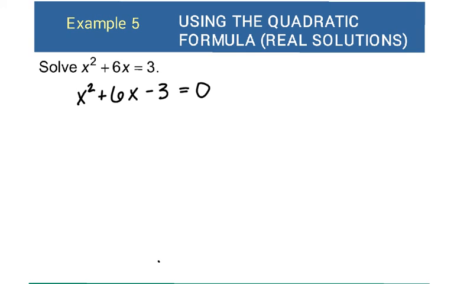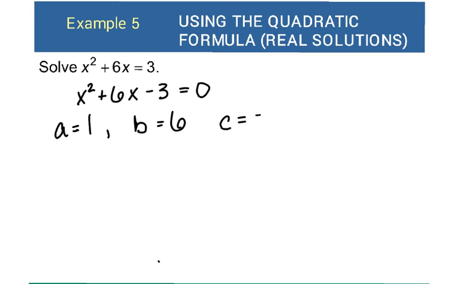What is our A, B, and C? That's our next question. So our A is our coefficient on our x squared, which is understood to be 1. B is our coefficient on our x term. It's 6. And C is our constant.